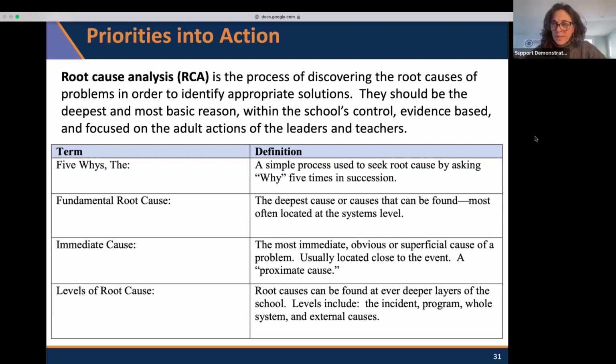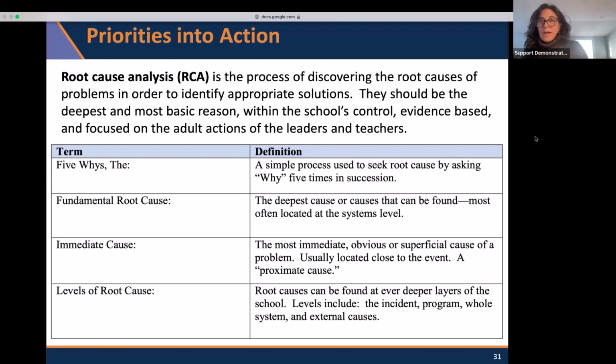If we have a problem and we don't uncover the correct root causes, then we put a lot of energy and activity into a solution that is not directly related to the root cause, and we've potentially wasted time, money, and teacher efforts, right? And you don't want to do that, especially when kids are at stake.